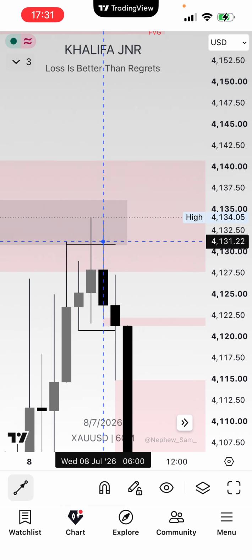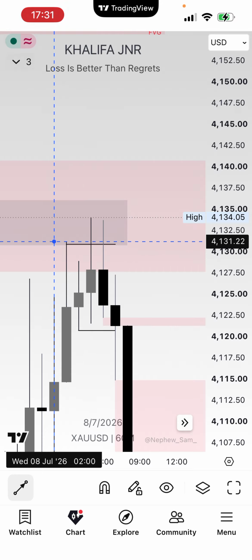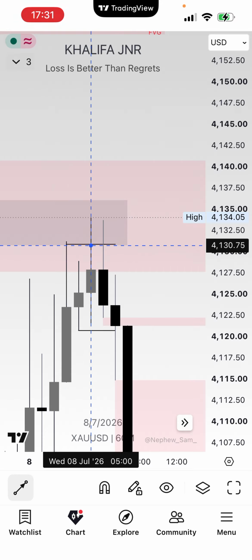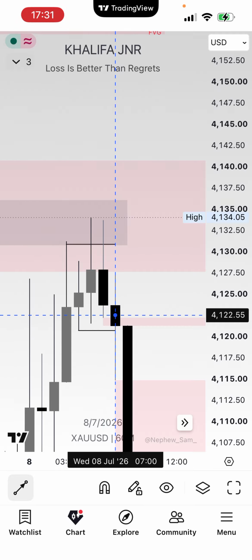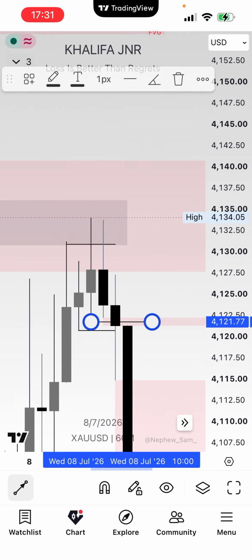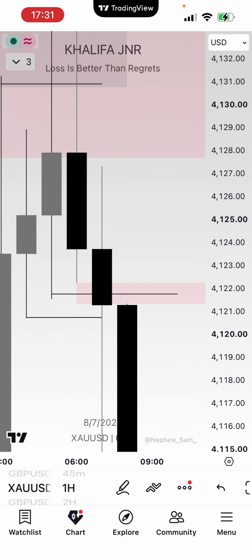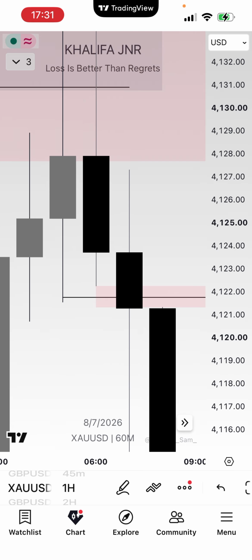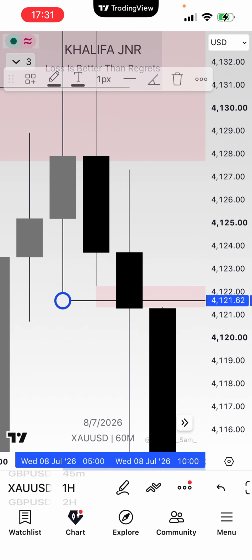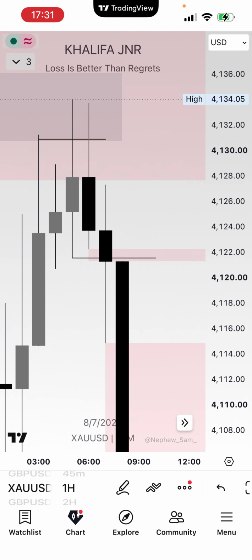This candle right here swept this high into that 15 minute breakout block, and I saw that this second bearish candle here closed below it with body. Let me zoom in. You can see it closed below with body, and that's exactly where my entry is.